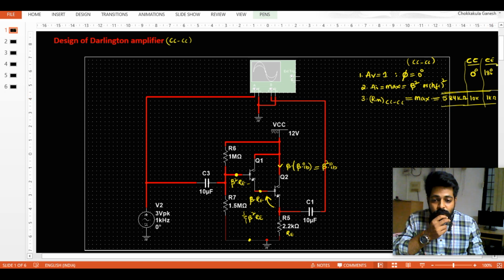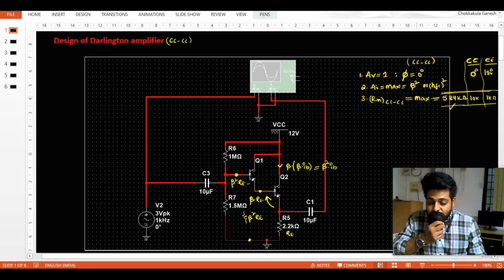A 1 kilo ohm CE amplifier will not be suitable, a 10 kilo ohm CC amplifier may be suitable, but where I need a maximum resistance in my circuit, which offers very little loading on the source, yes, when a weak mic or weak source is connected, I prefer my circuit with high input resistance. That Darlington pair will be more suitable.